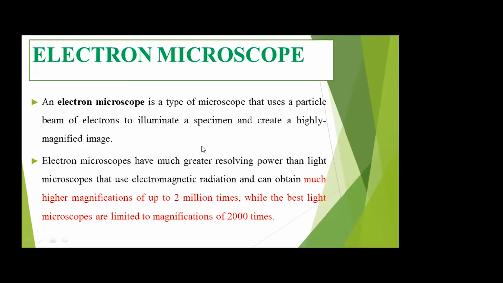In comparison to that, electron microscopes can have much greater resolving power. It may be even 1000 times more than that of the best light microscope, that is maybe up to 2 million times or 20 lakh x.